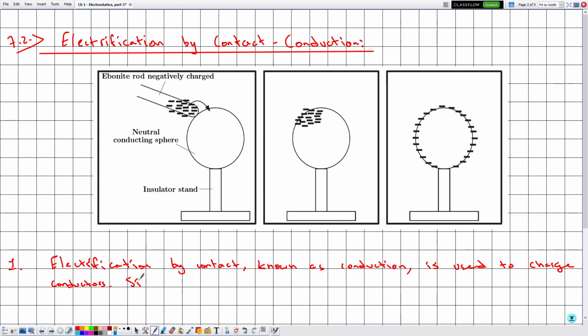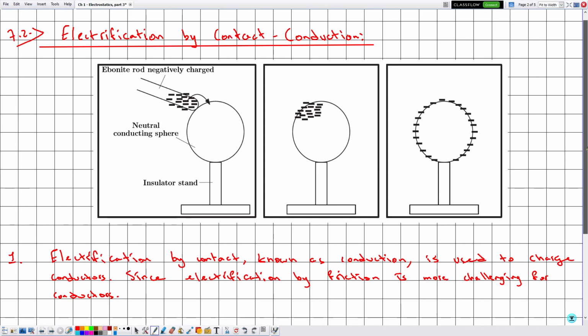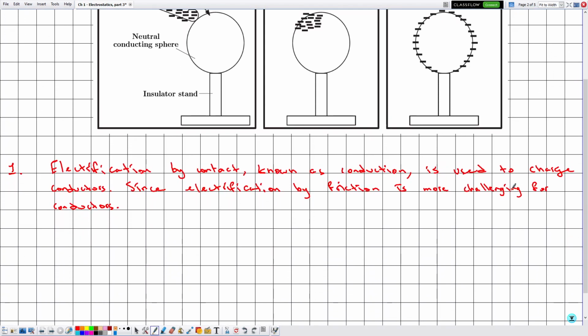This is due to the fact that electrification by friction is more challenging for conductors. So this is basically just a small introduction.